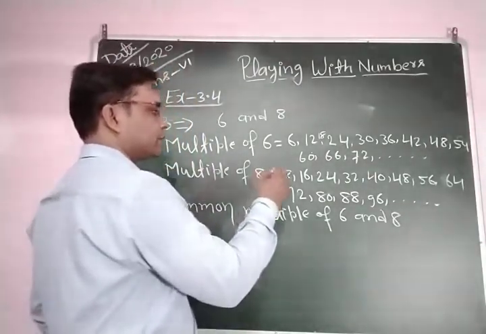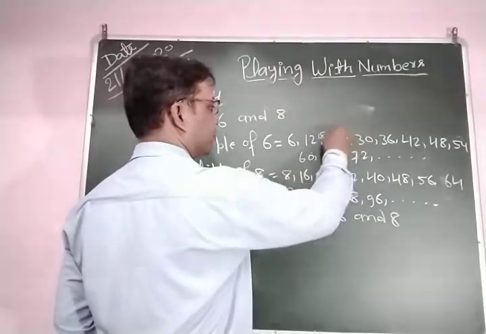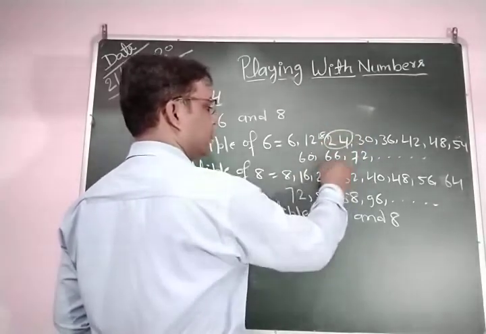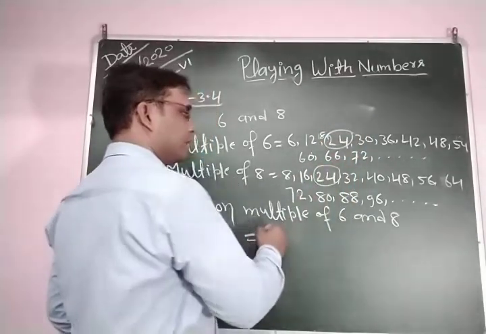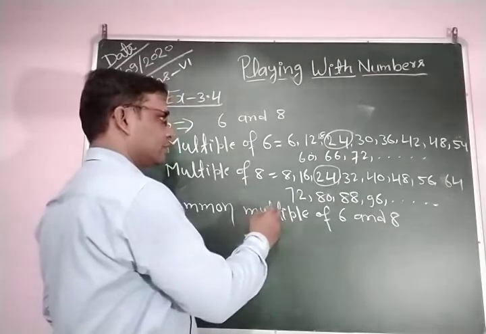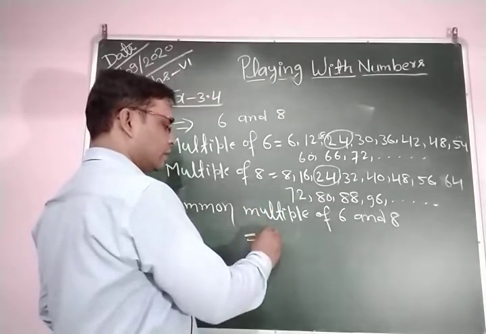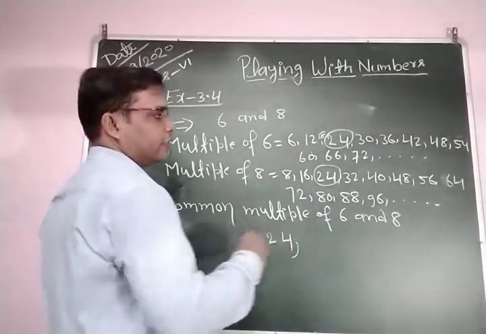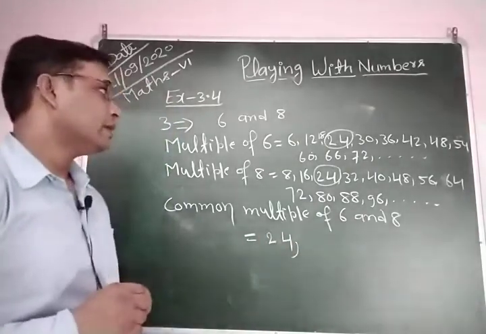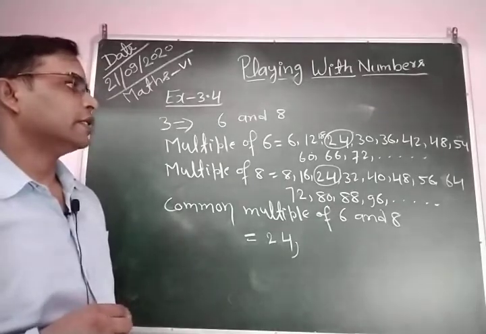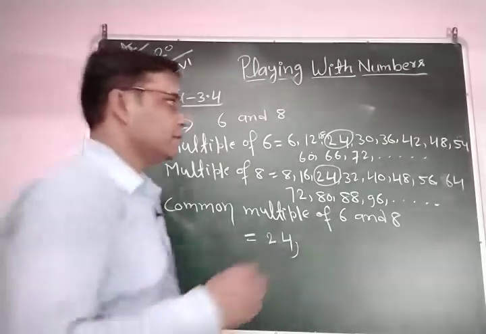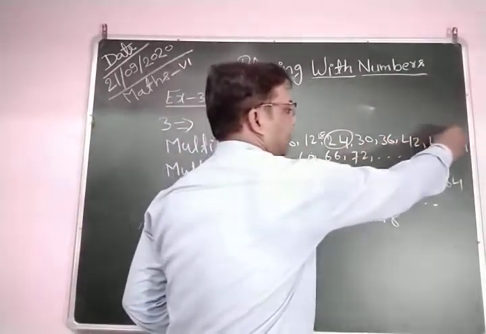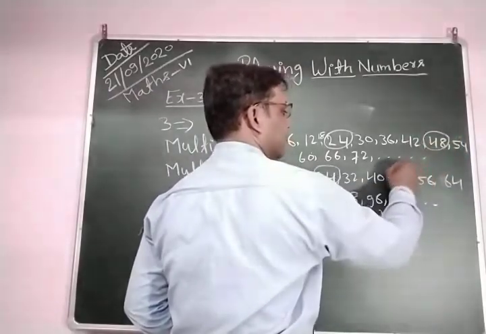You can see 24 is here and 24 here. So 24 is the common multiple. This is the first common multiple of 6 and 8, and the second common multiple is 48. You can see here 48 and 48.